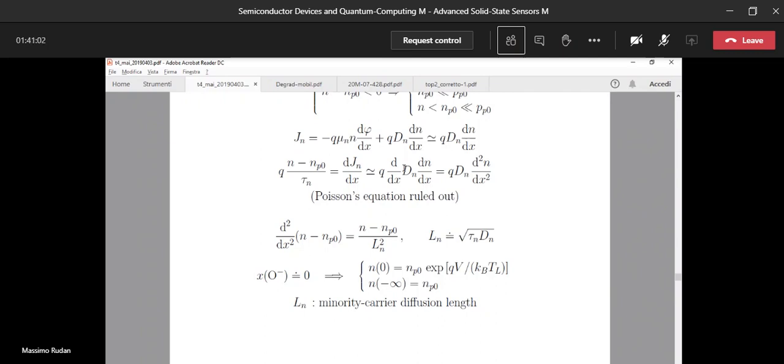So we can just take D out of the derivative, and we conclude that this becomes equal to q Dn second derivative of n with respect to x.